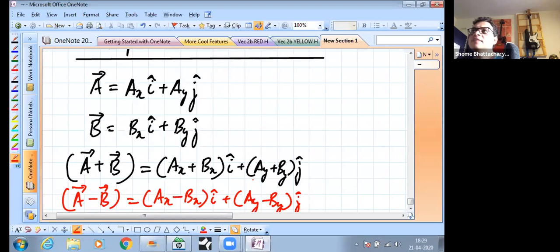So even if we have the question in geometrical form, where the diagram is given to us with arrows and all that, we always have the option of converting the geometrical form into component form using the formula we've learned today. You've learned how to convert from magnitude and angle into components ax and ay using the formula ax is equal to a cos theta and ay is equal to a sin theta, and then using this very simple and easy step to add or subtract.